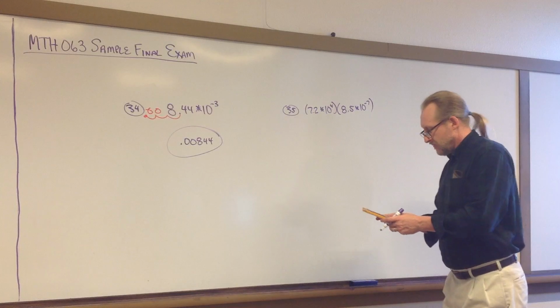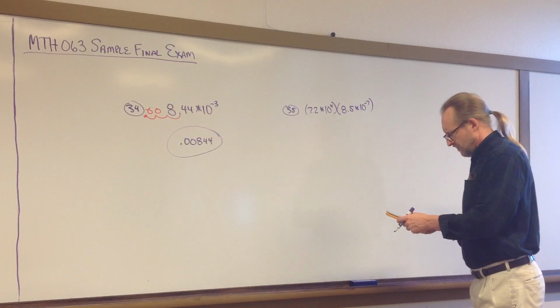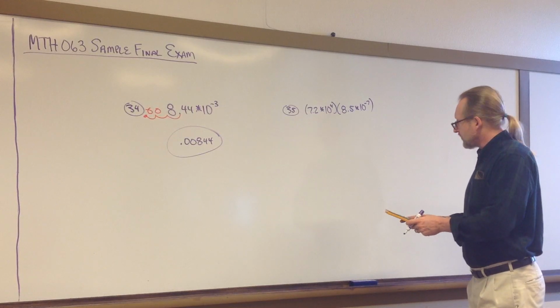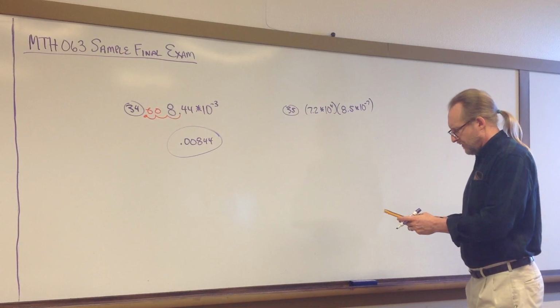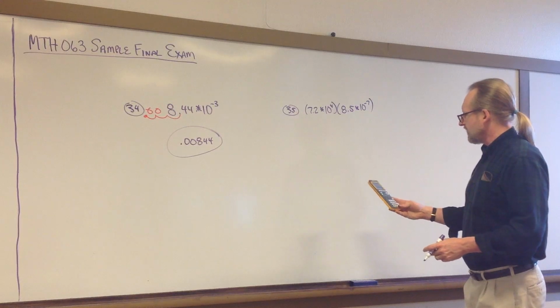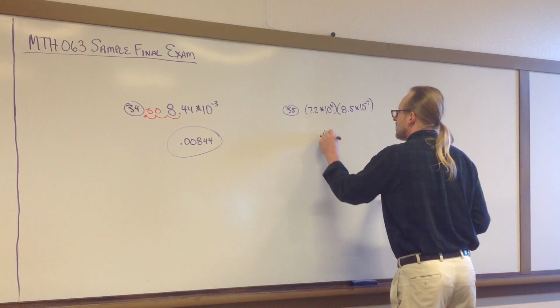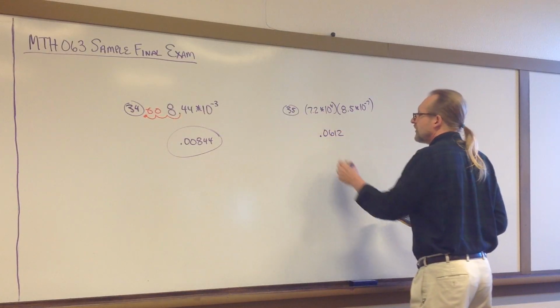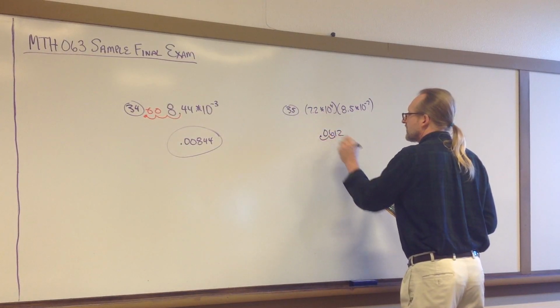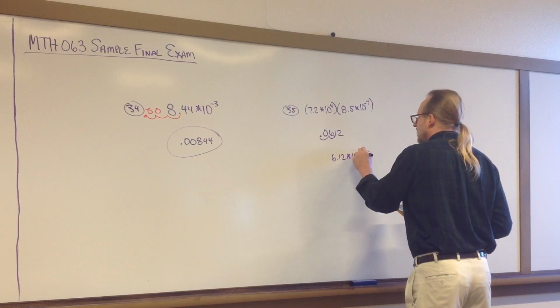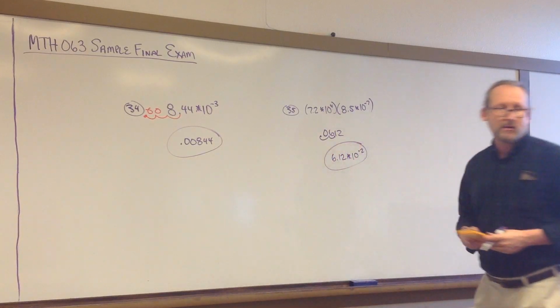Didn't hear from anybody who was having difficulties, so I'm going to assume that everybody is okay handling whichever calculator they're working with and doing scientific notation there. So my calculator, of course, returns the answer as 0.0612. In scientific notation, that's going to be 6.12 times 10 to the minus 2 power.